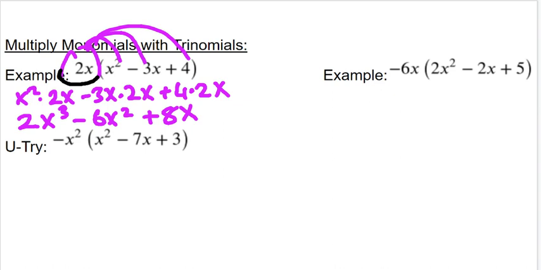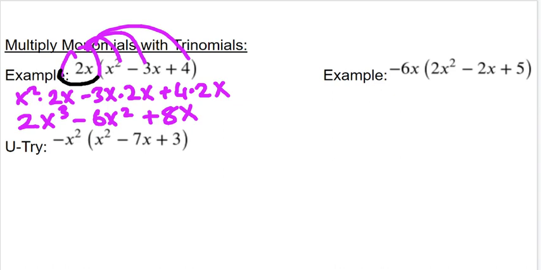Negative 3x times 2x is going to be negative 6x squared. 4 times 2x is 8x. And our answer is 2x cubed minus 6x squared plus 8x.